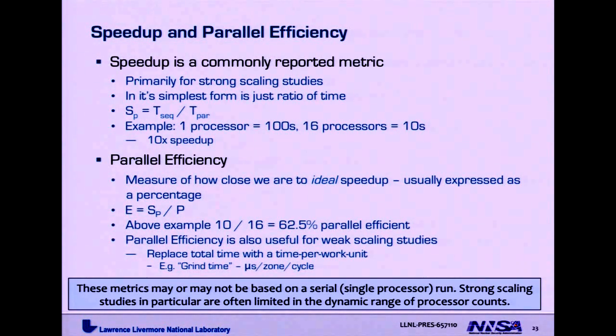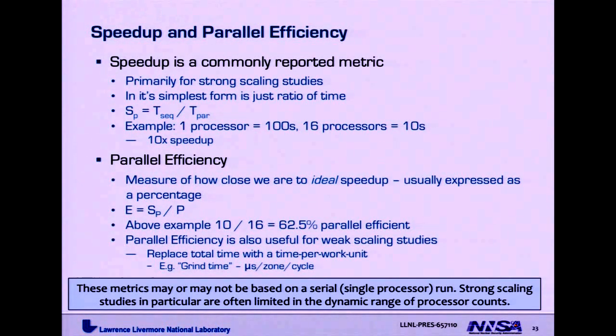And it's usually expressed as a percentage, and if we use the above example, I got a 10x speed up on 16 processors, so I'm 62.5% parallel efficient. And again, you'll see people plot efficiency curves where usually 100% is ideal. And you can use parallel efficiency both for strong and weak scaling studies.